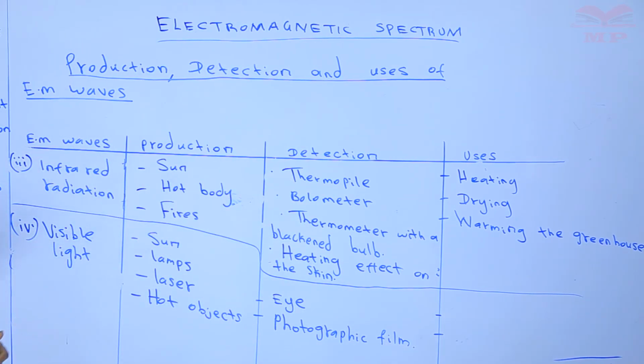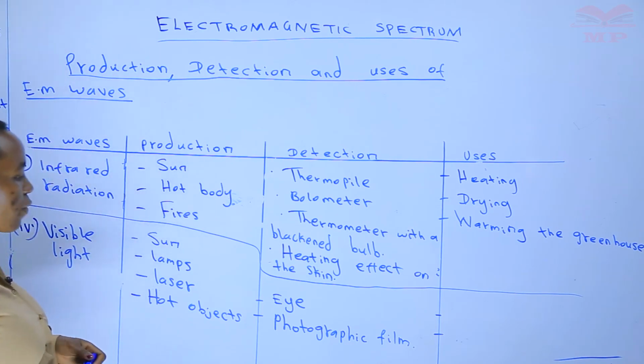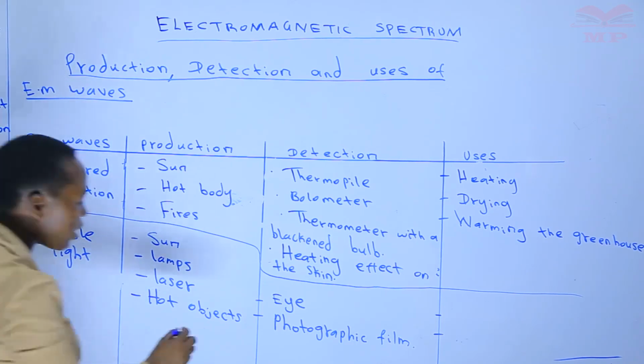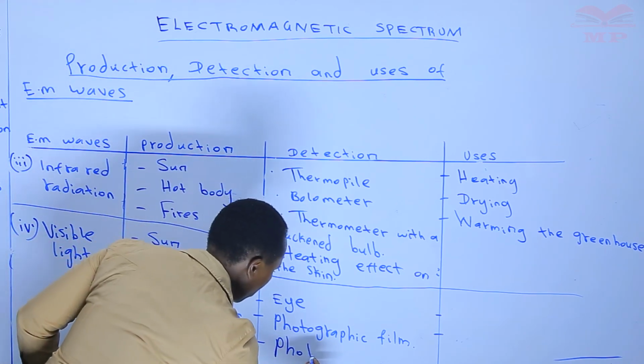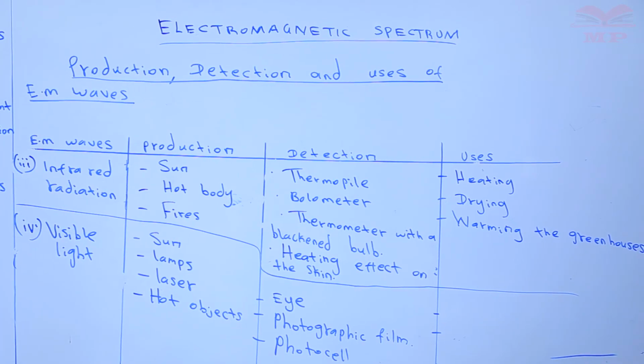When there is light, it can enable the photographs to be taken, so it can be detected in the photographic film. And again, it can also be detected by the photocell.